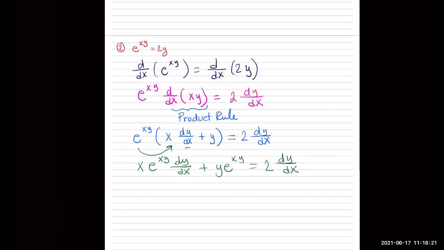And then it starts looking easier because it looks like our other problems. I have all those terms separated now. I'm going to put all the dy/dx terms on the same side. So I'm going to put them on the right-hand side this time so I don't have to move as much stuff around.